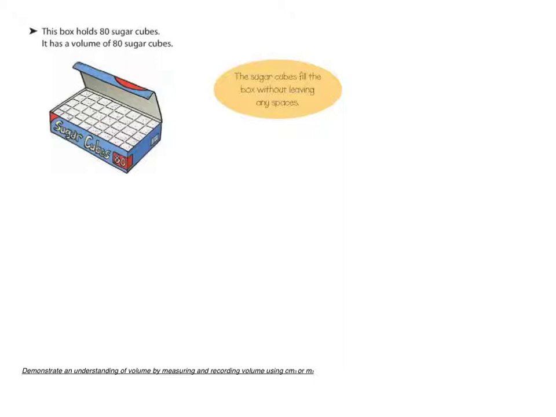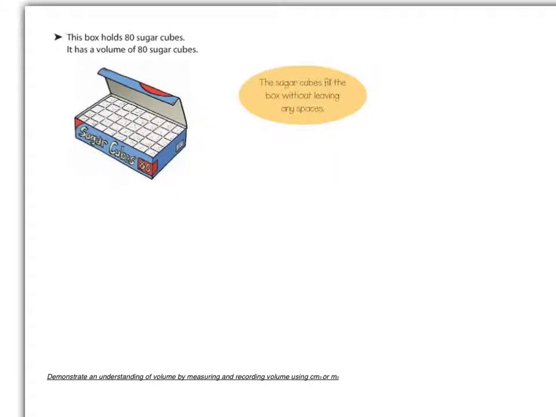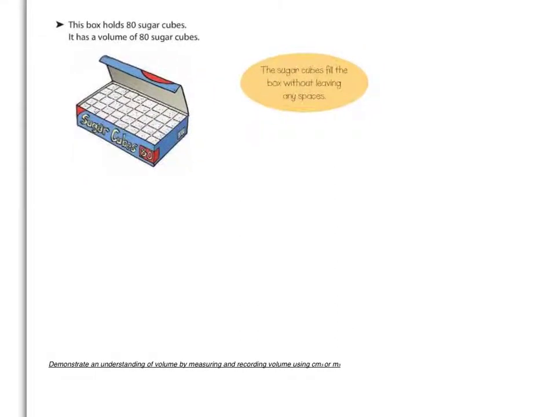Here's another estimate. Here we have a box that is filled with sugar cubes. Now, cubes are better because there's no spaces between them. As you can see from the picture and my drawing, there's no spaces between those cubes. So because those cubes are the same size, and there is no spaces, this really is the actual volume.